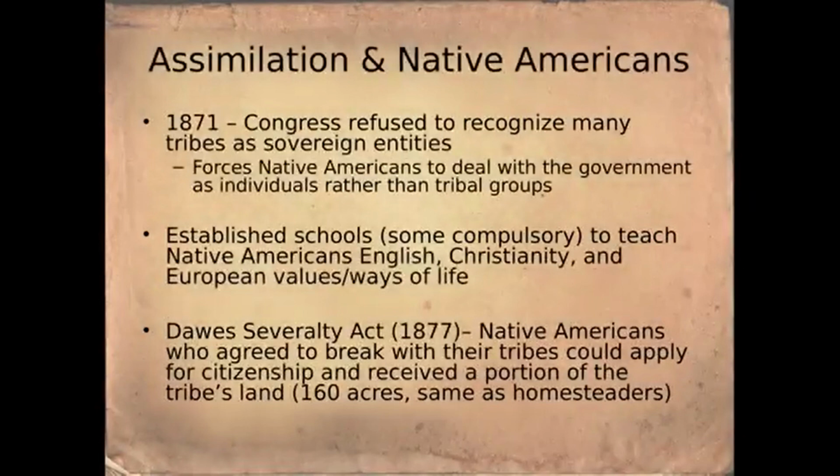Then a few years later, they enact something called the Dawes Severalty Act, and that's a really important one to remember. It stated that Native Americans who agree to break with their tribes could apply for citizenship and be given a portion of the tribal land as a homestead.